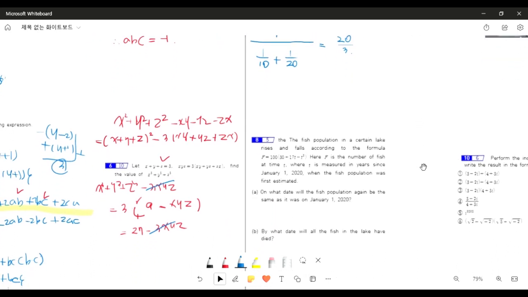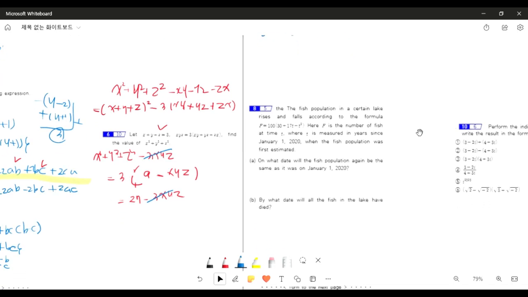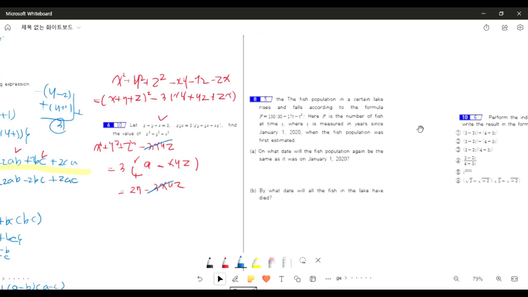If you don't do that, your math scores will still be really low. So I hope for the next monthly quiz you are preparing, you solve the exercises in your textbook.